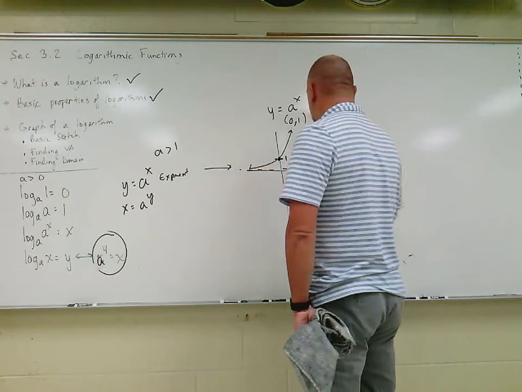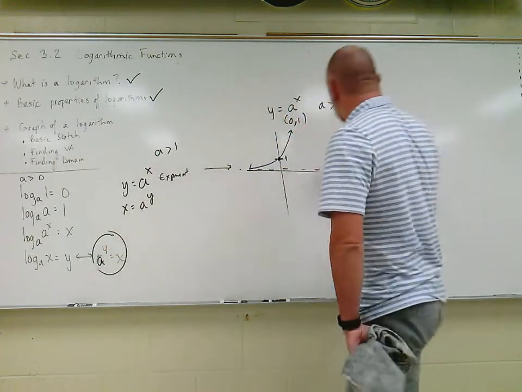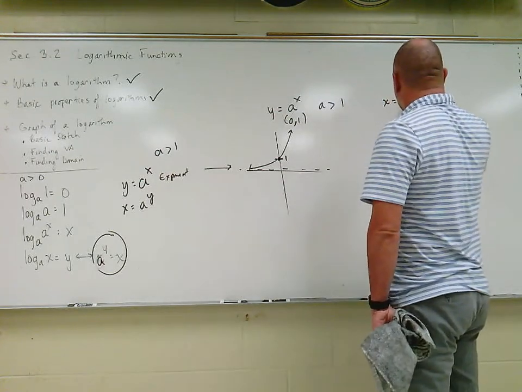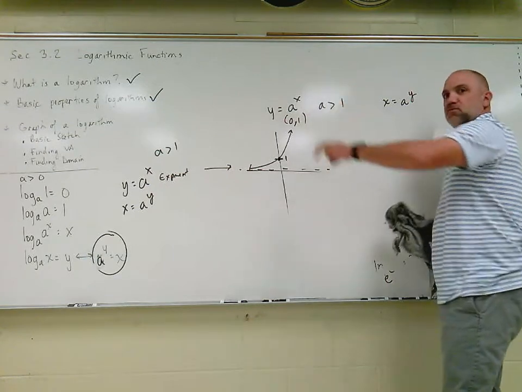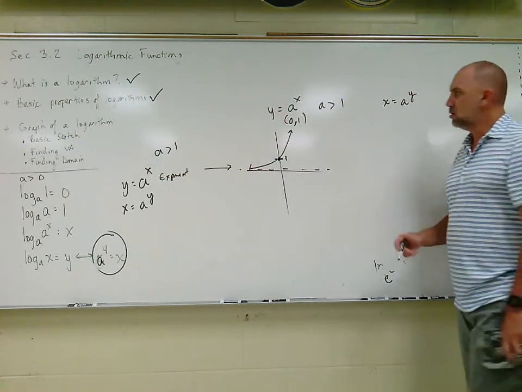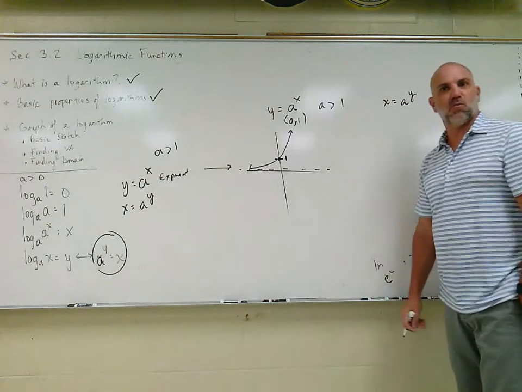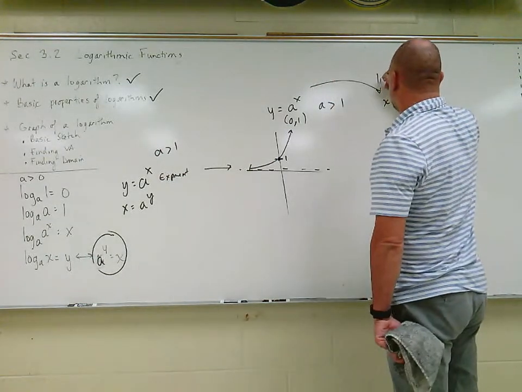And it has what down here? Horizontal asymptote. Okay. Now, if this is a log, what do you notice has happened with x and y? What do you call a function when you switch places with x and y? That's exactly right. This is the inverse function.